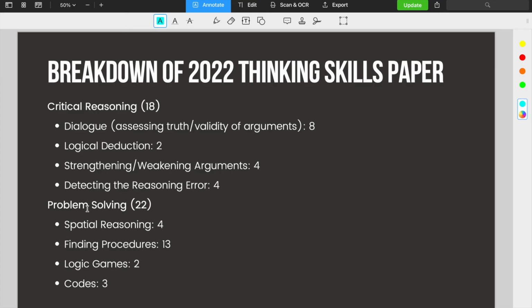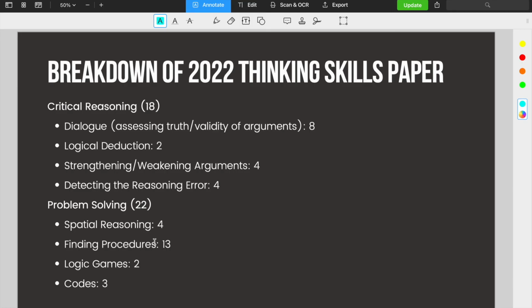And in terms of problem solving, there were 4 spatial reasoning questions, so that's quite important. 13 finding procedures. Now, finding procedures is just an umbrella term I use for general problem solving questions. Also, just some good resources in a moment, but I guess the consensus from the 2022 paper from our students was that there were a lot of difficult problem-solving questions, and really exposure to a wide range of questions is the best way to prepare.